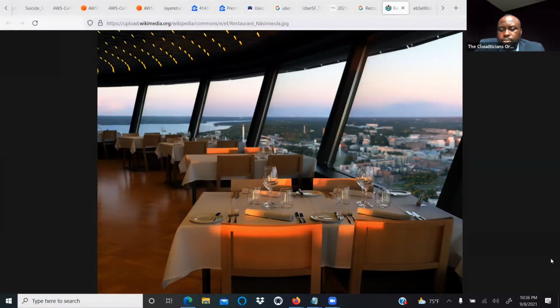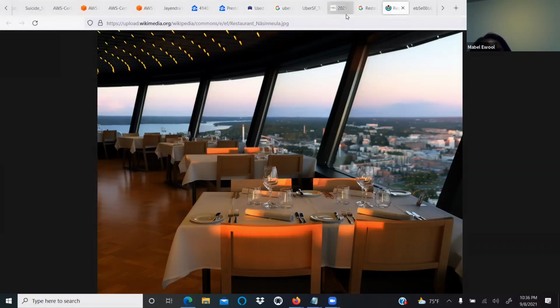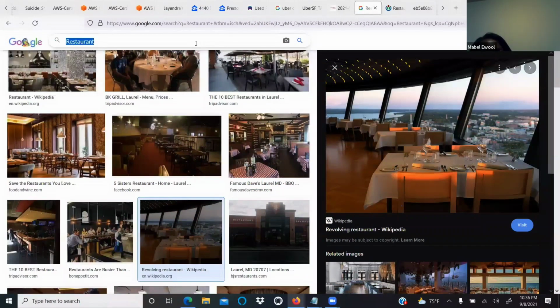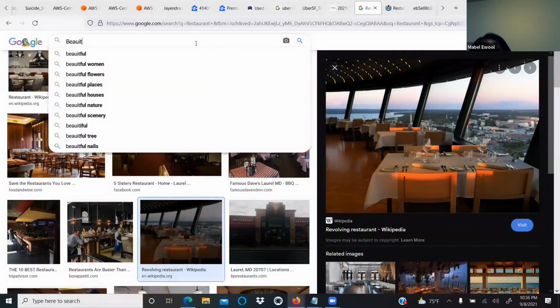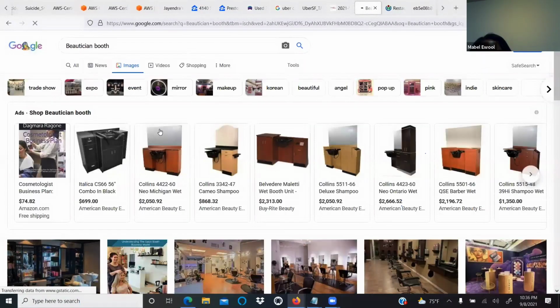How about a public cloud is like a beautician that rents booths to different hairstylists, and a private cloud is someone who uses their basement for exclusive services.